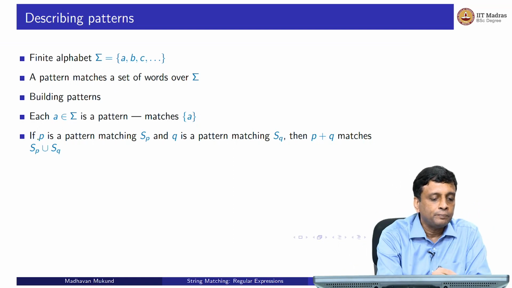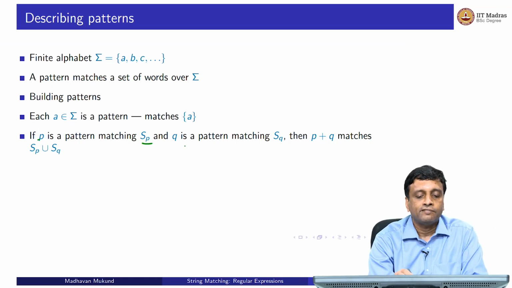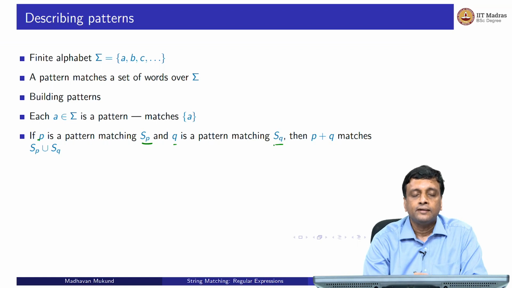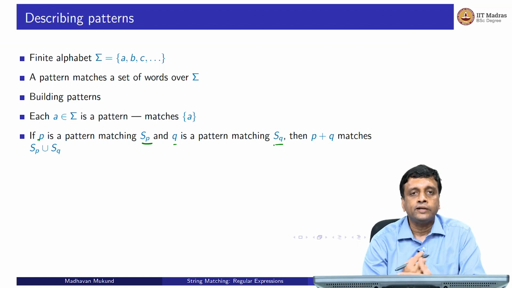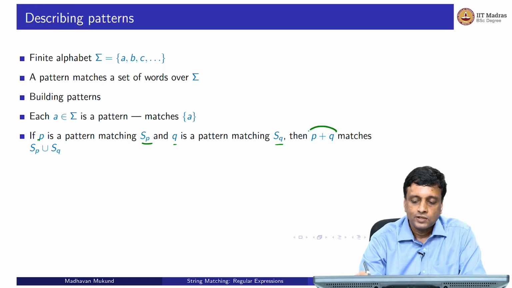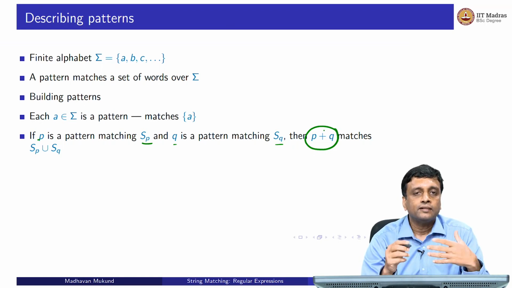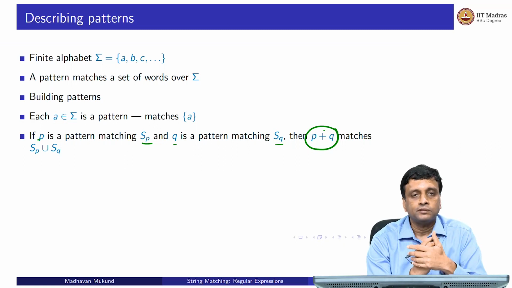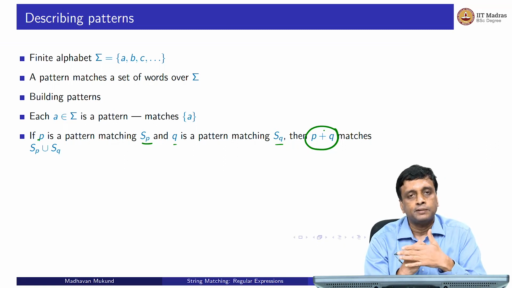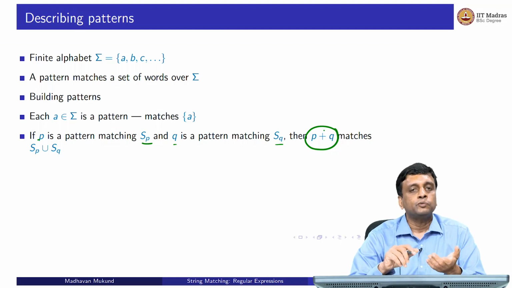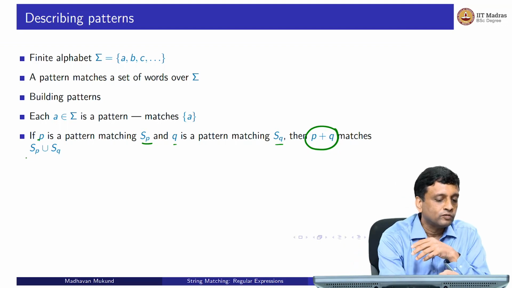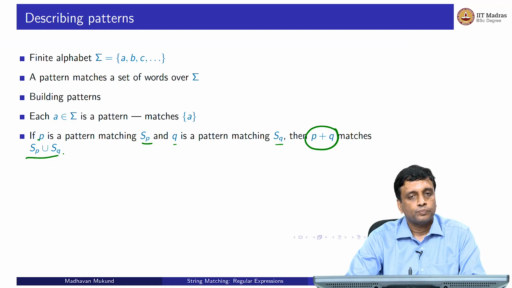So if I have a pattern P which matches some set, and a different pattern Q which matches some set, then the way I express this union in the world of patterns is to write plus. So if I combine two patterns with a plus, it means it matches the set of either pattern. So either it matches a word which matches the pattern P, or it matches a word which matches the pattern Q. So it matches overall SP union SQ.